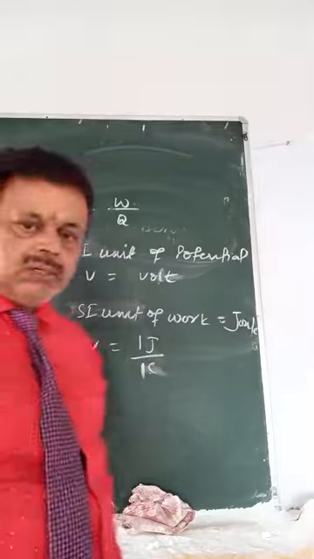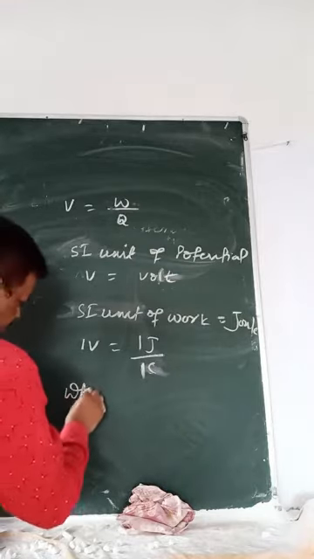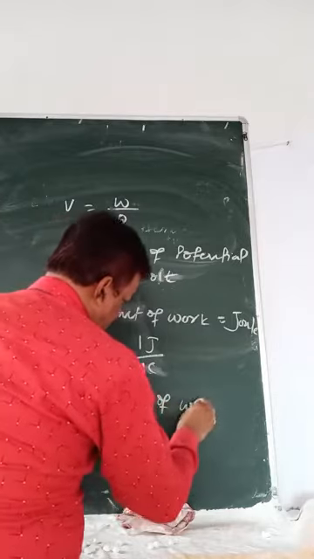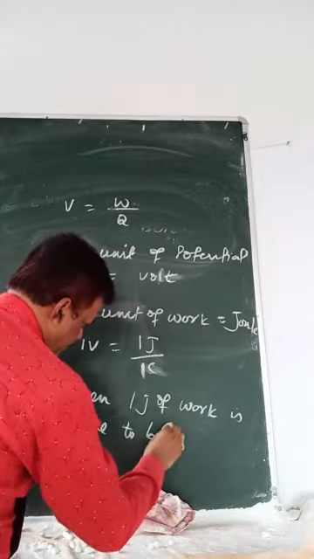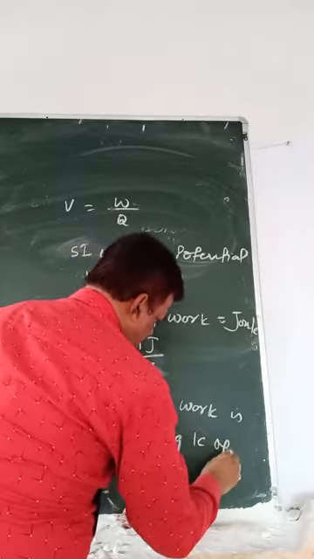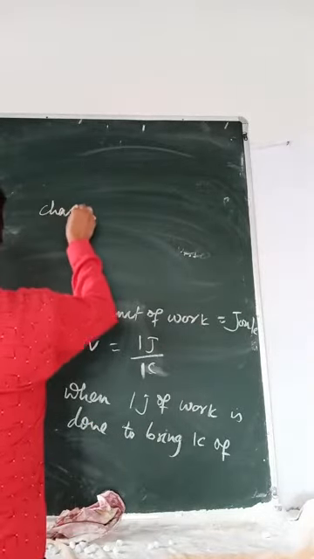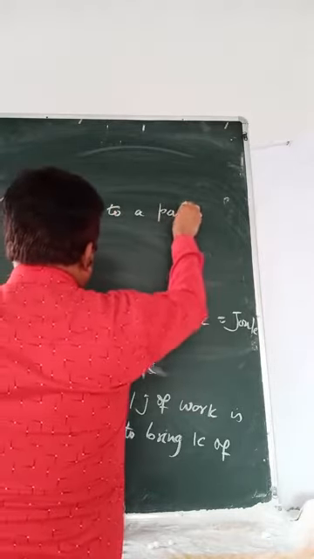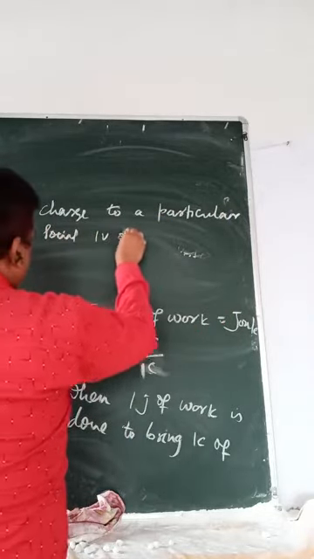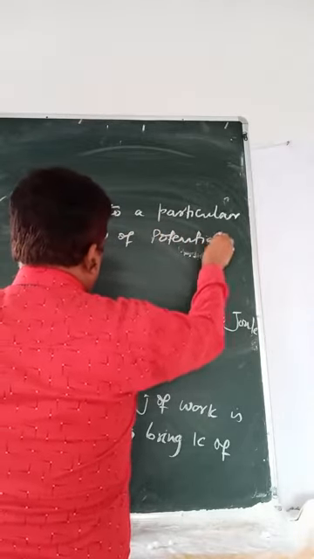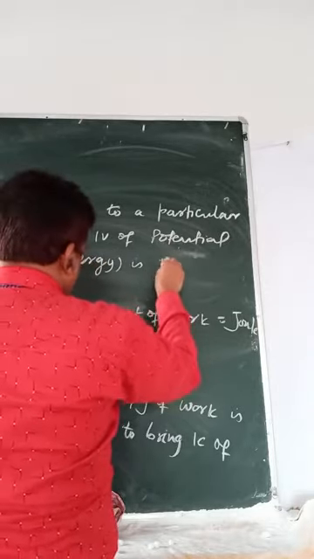That is, when 1 joule of work is done to bring 1 coulomb of charge to a particular point, 1 volt of potential is produced. Potential means energy.